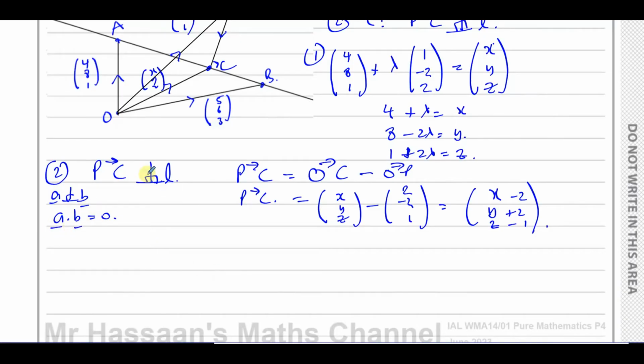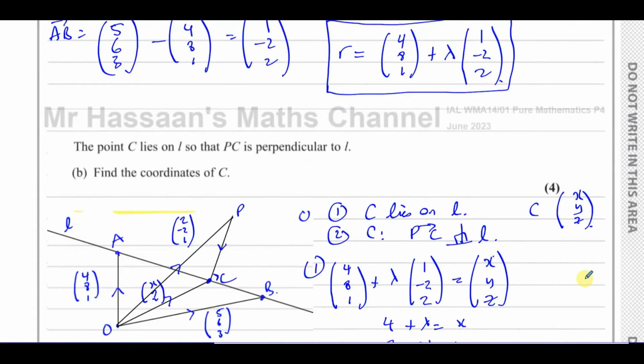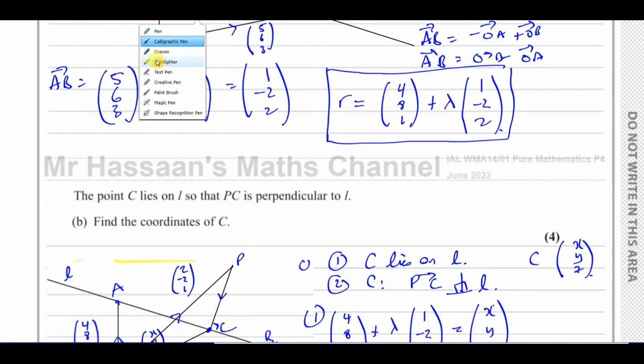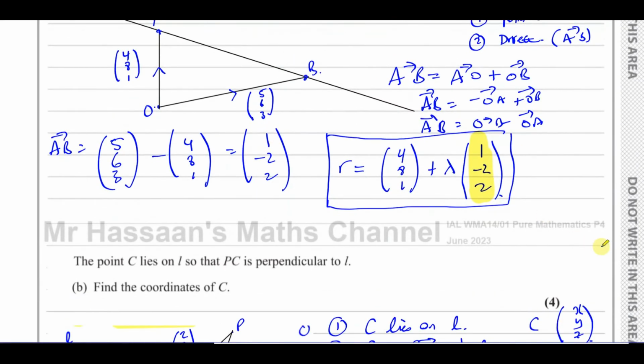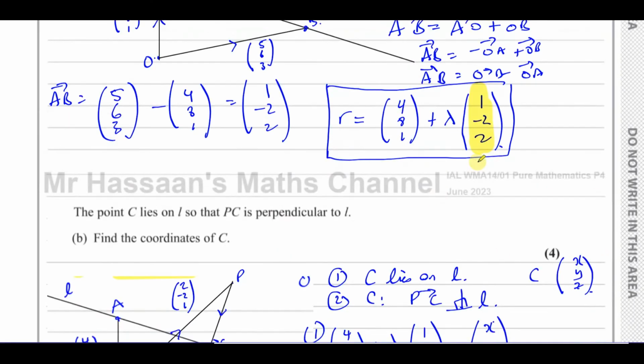So PC is perpendicular to L. The line L has a direction given by the direction part of its vector. This part of the vector tells us about the direction it's going in; the other part just tells us how to get to the line. When vectors are perpendicular or parallel, we're concerned about their directions or the angle between them, so we consider the direction part of the vector only.